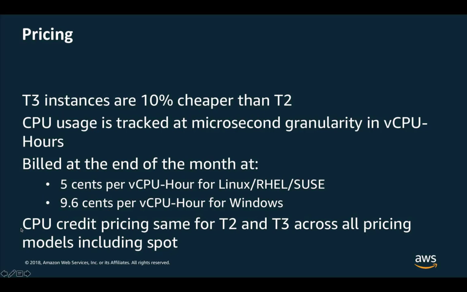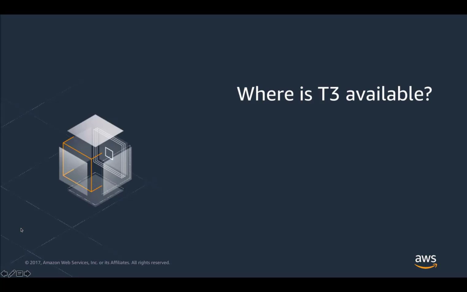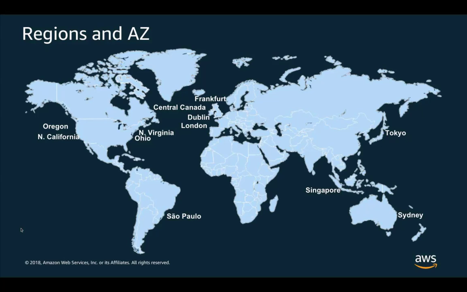So let's look at where T3 instances are available. We currently have T3 in 12 different regions. In the US, we cover both East 1 and East 2 regions. In the West, both West 1 and West 2 regions, that is the Oregon and California. In Canada, we have Canada Central 1. In South America, Sao Paulo, and AP Northeast 2.